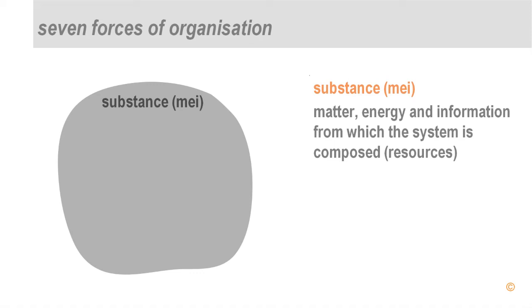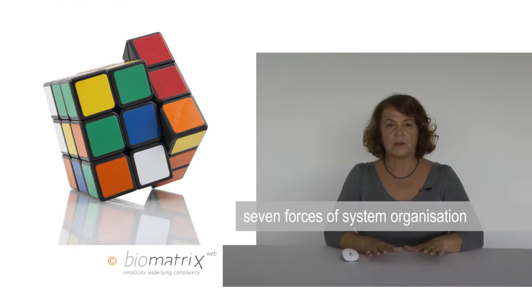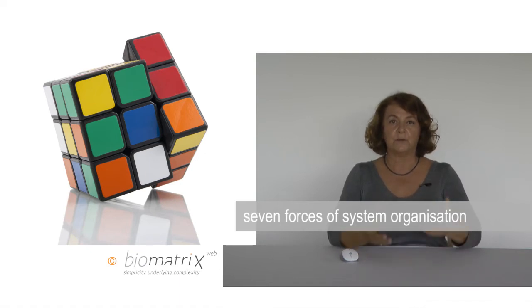Likewise, if we look at the table, it has matter, also energy, and information embedded in it. So every system is composed of matter-energy information. In an organization, we call it resources. So an organization consists of human resources, material resources, knowledge resources, technological resources, etc.